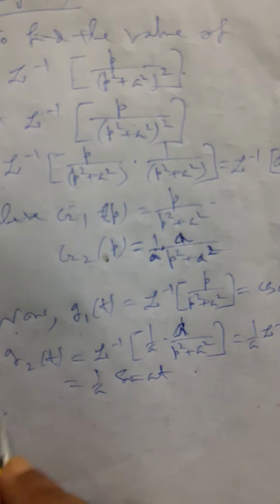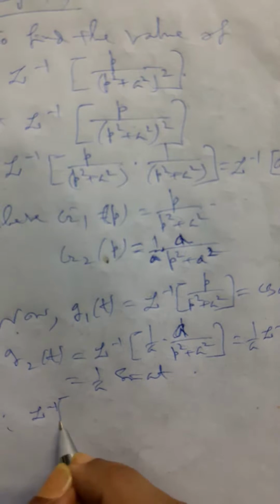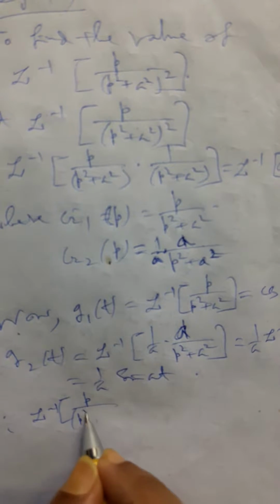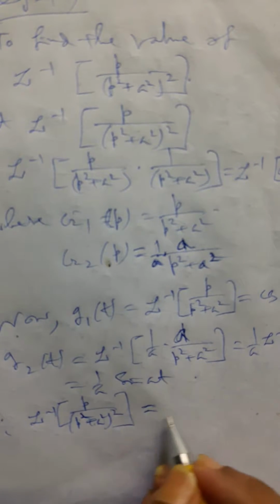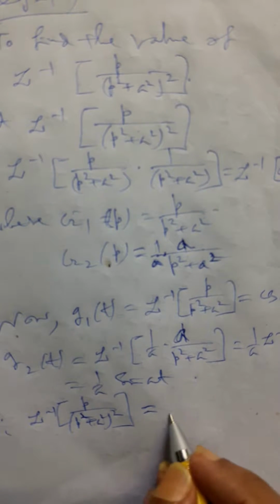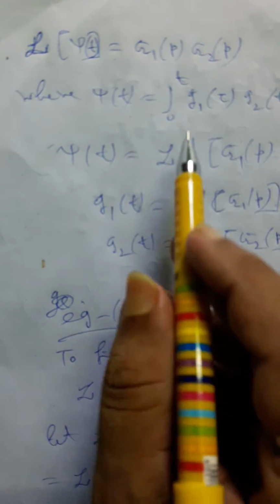Therefore, L inverse of p by (p square plus a square) whole square, here we apply the convolution theorem, integral 0 to t. In the earlier stages we applied psi t in this way. What is the formula?